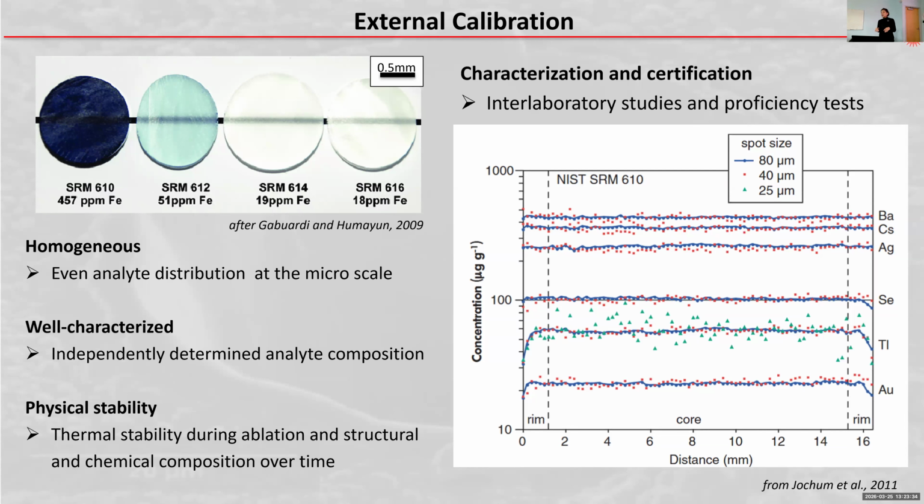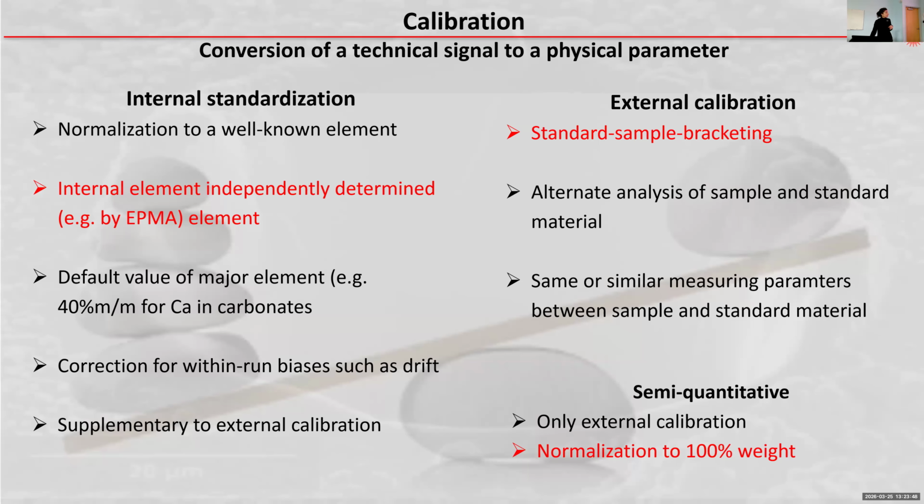So there are a lot of ring tests around the globe that share newly referenced materials. They characterize and certify them. And obviously, like every standard material, it has to be available. Once you have a good grip on your standard materials and your quality controls, then you can apply the very classic scheme of calibration.